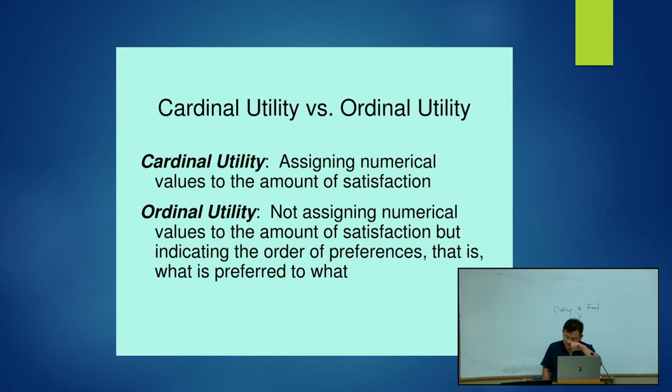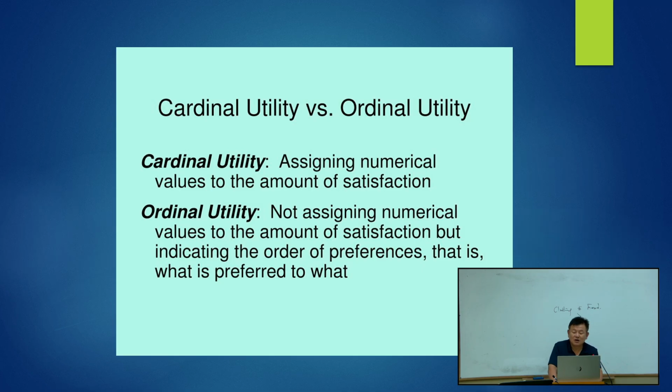And later, total utility and marginal utility, a little bit more difficult concepts. But I don't want to go deeply into very complex graphs. I will just briefly explain and review. Cardinal utility, ordinal utility. Cardinal utility means assigning a numerical value to the amount of satisfaction.